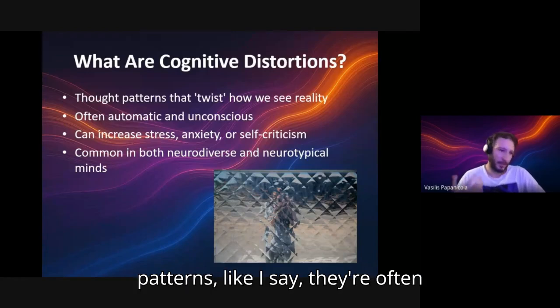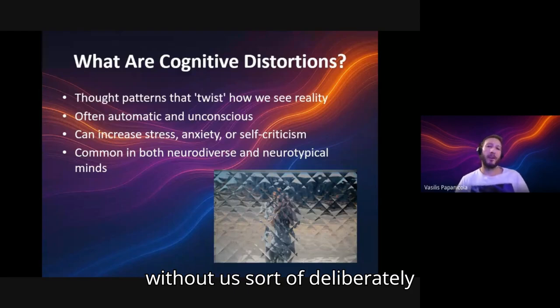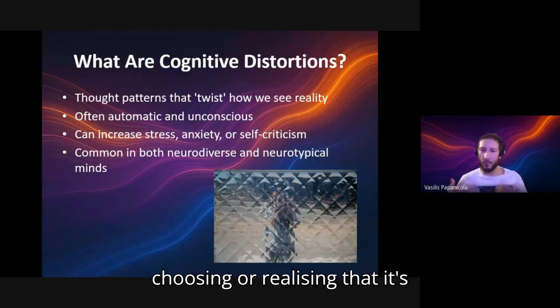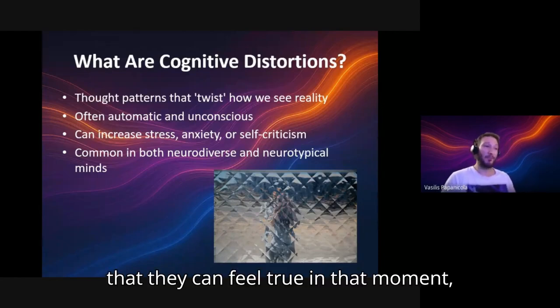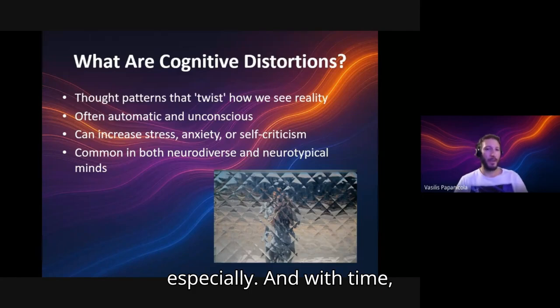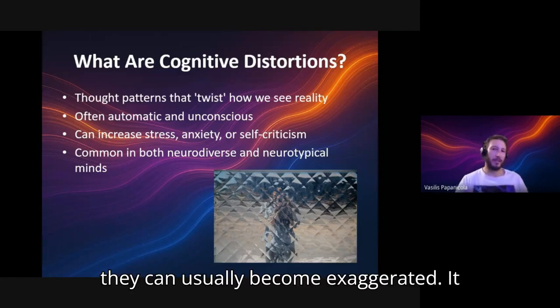And these patterns, like I say, are often automatic, meaning they can pop up without us deliberately choosing or realizing that it's happening. The tricky part is that they can feel true in that moment, especially. And with time, they can usually become exaggerated.